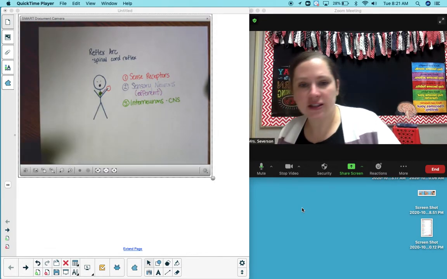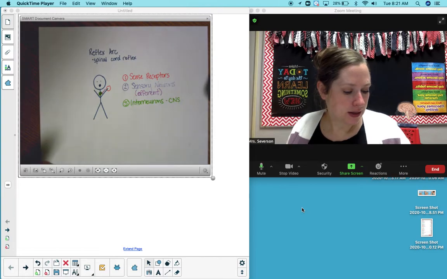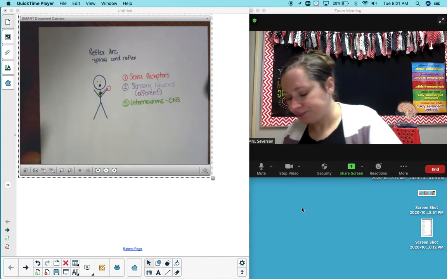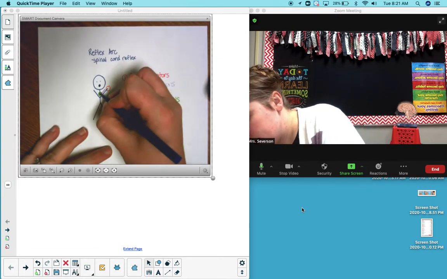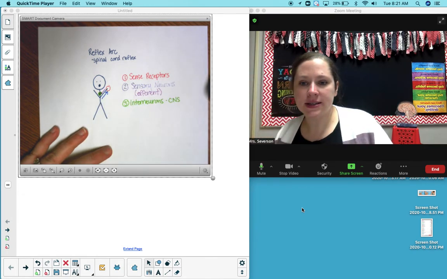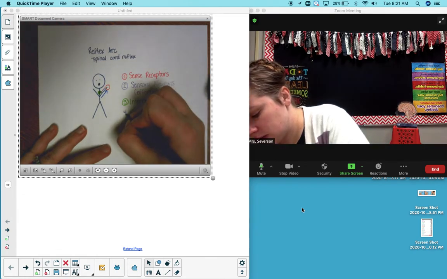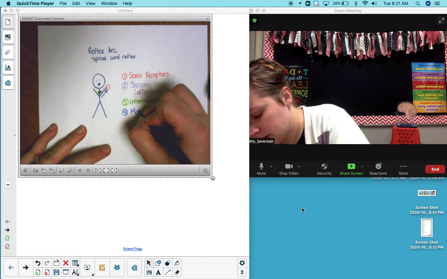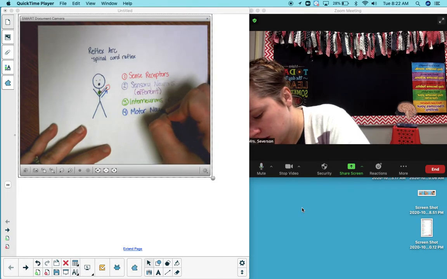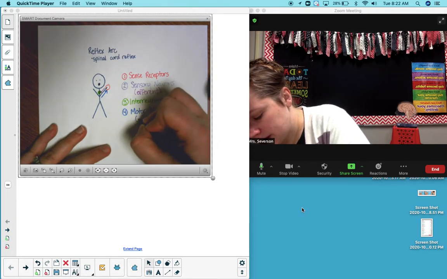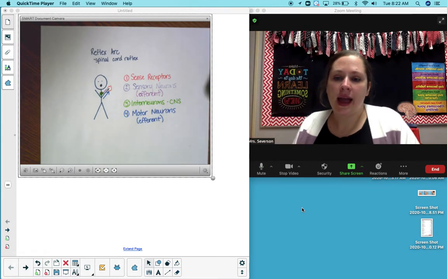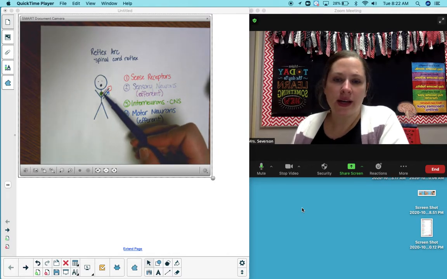Okay, so let's first talk about the reflex. What happens here is the interneurons are going to send this back to the motor neurons. And remember, the motor neurons are efferent. And again, the spinal cord is going to activate this reflex for you to move your hand.